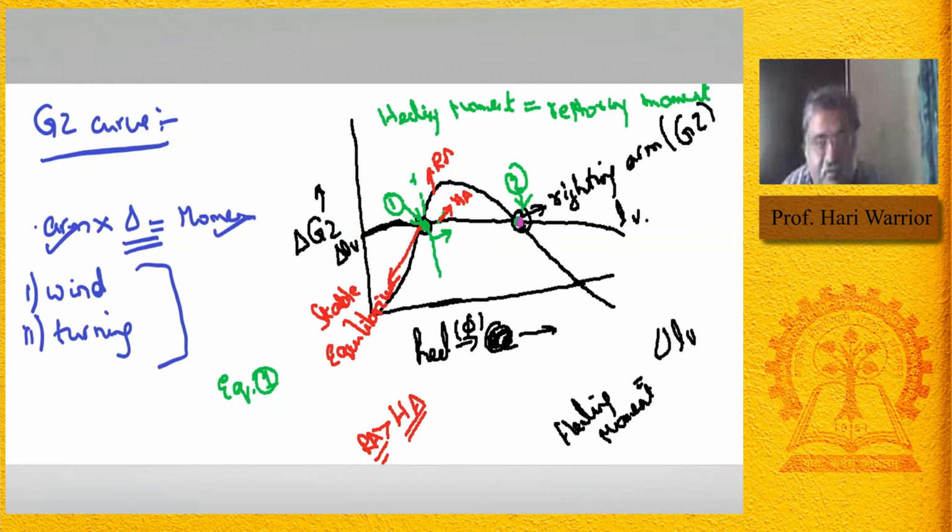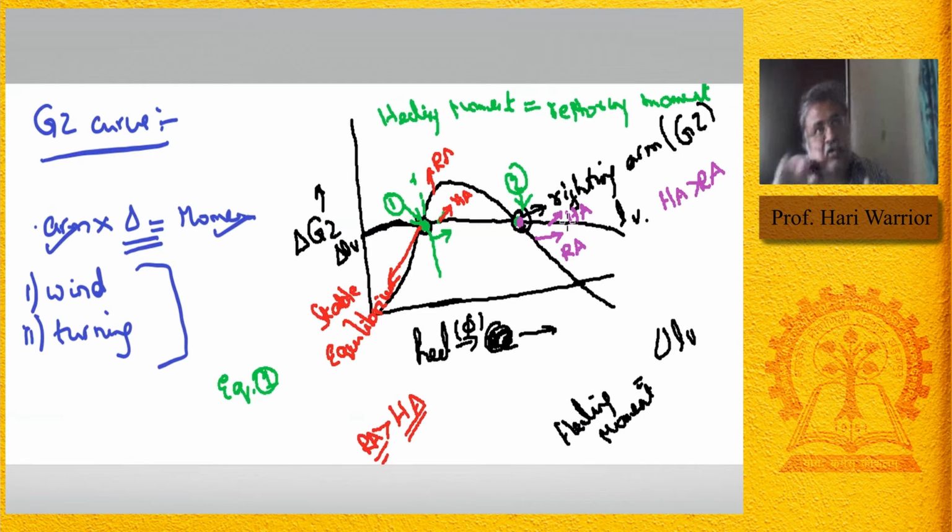In this case, when you go in this direction, this is the direction where the heel increases. When the ship heels more, you see that the heeling arm curve is above the righting arm curve. At this point they cross each other, and the heeling arm curve is greater than the righting arm curve. So heeling arm greater than righting arm means the ship is in unstable equilibrium.